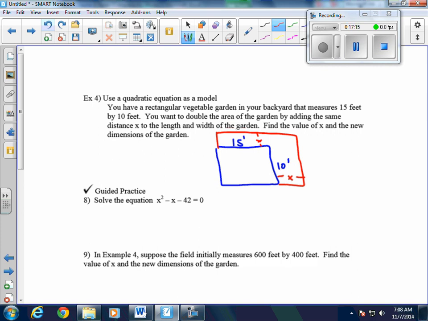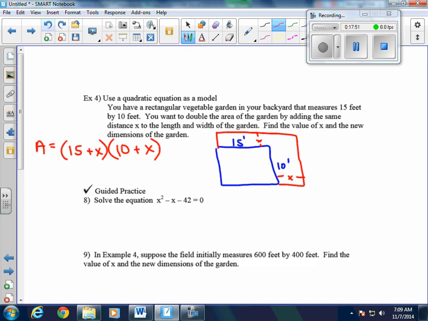So if we look at that, what are our new dimensions going to be? Well, the old length was 15 feet. So now what would that one be? Well, it's going to be x feet longer, so it's going to be 15 plus x. And the width was 10 feet, and now it's going to be x feet longer, so it's going to be x plus 10.